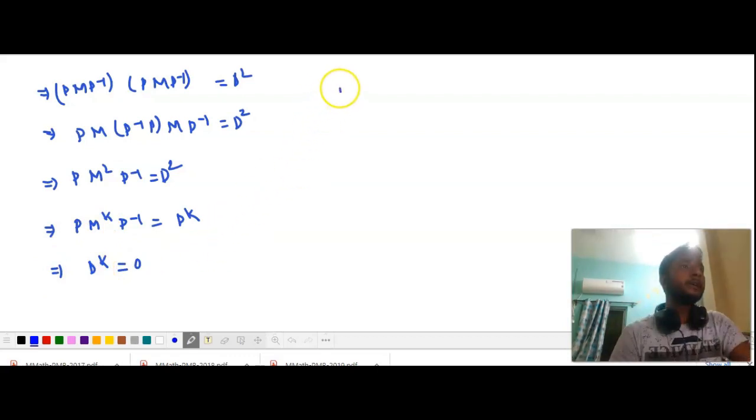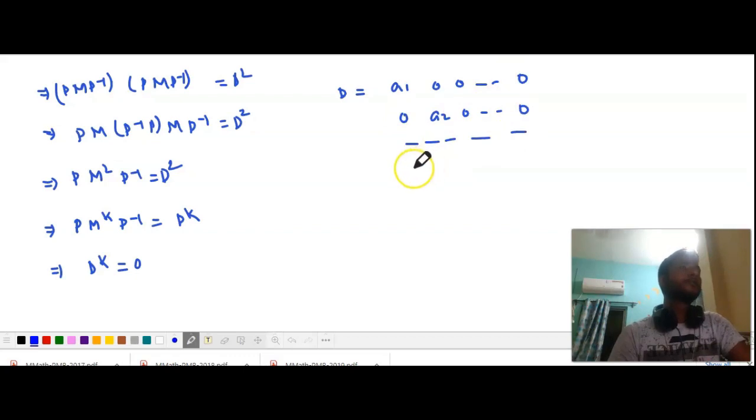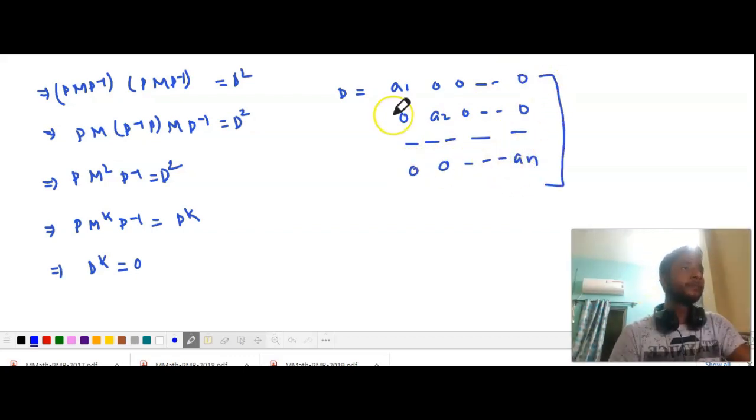Now consider D as the diagonal matrix with entries a1, a2, up to an on the diagonal and zeros elsewhere. You can see what D squared is.